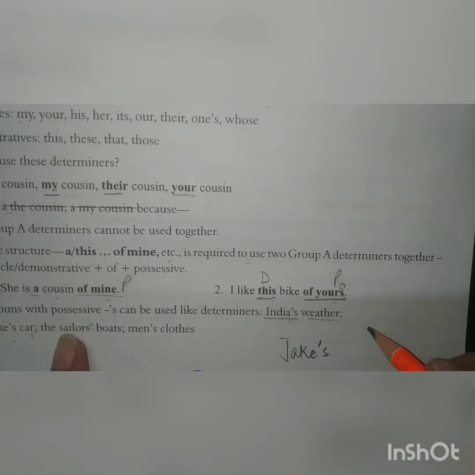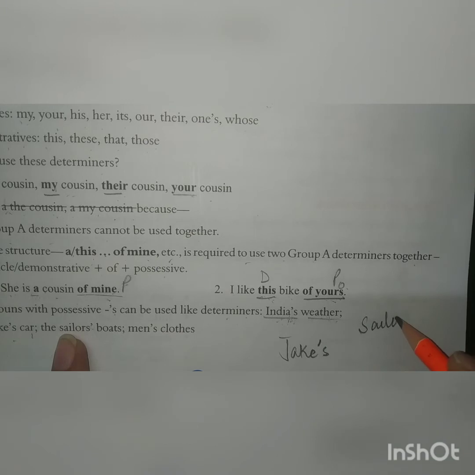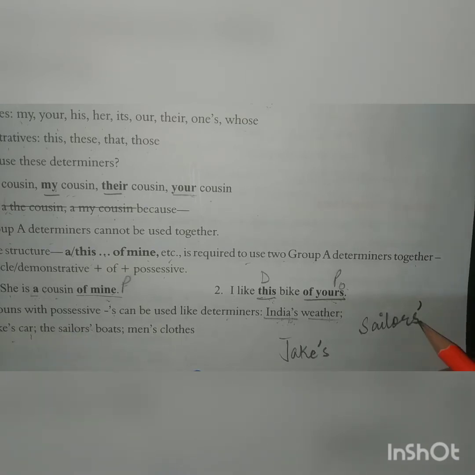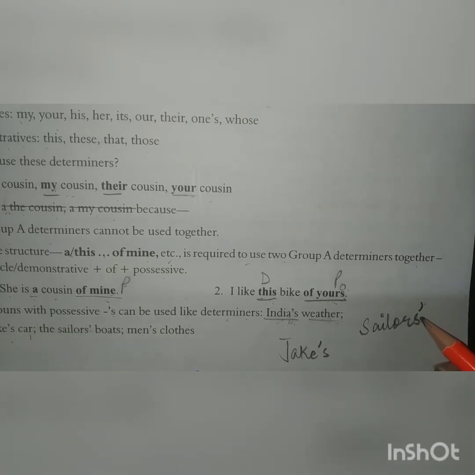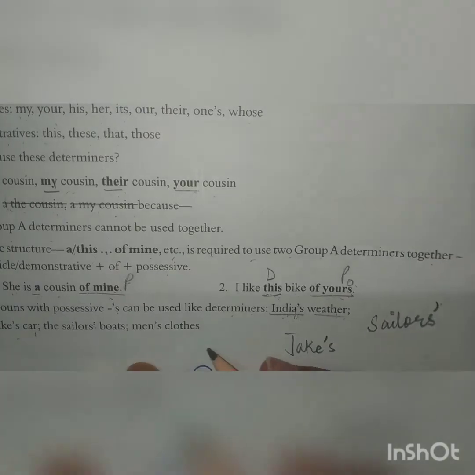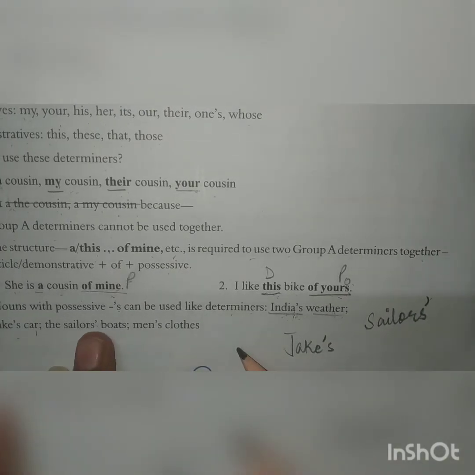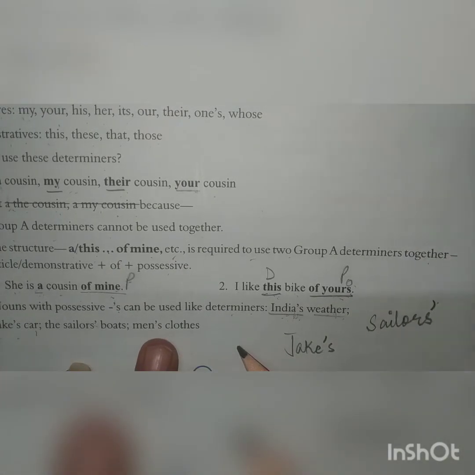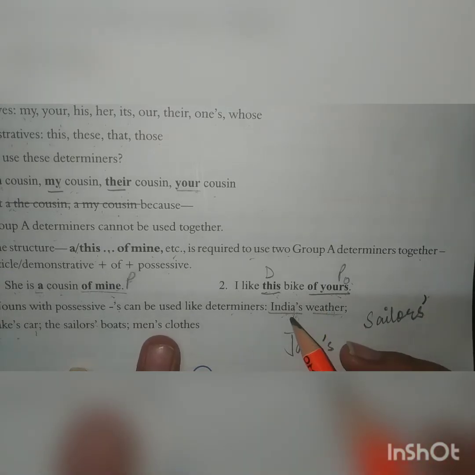But here we are talking about all the sailors in collective form, so it will come after s. Is it clear? So sailor's boat, men's clothes. Here it is showing possession. Whose boat is this? Whose clothes are these? This form shows the nouns with the possessive.